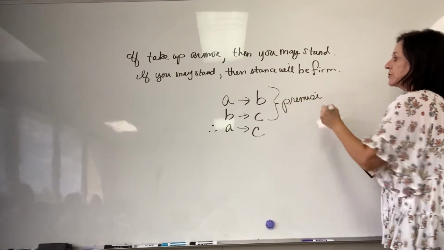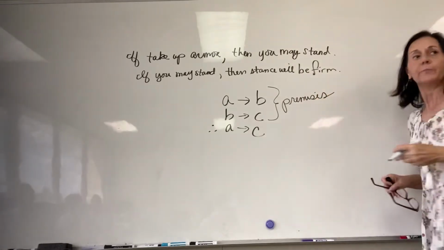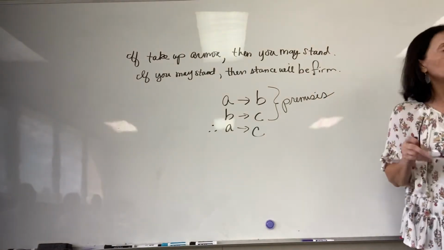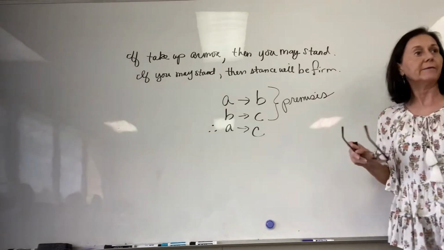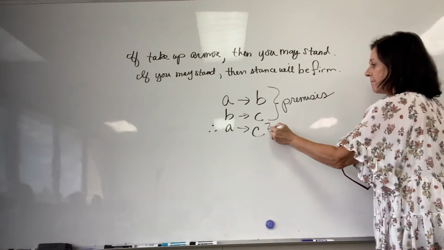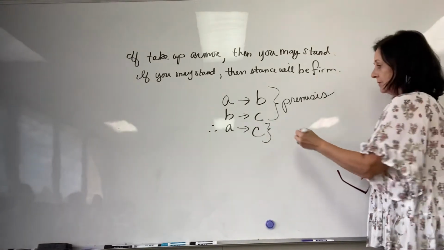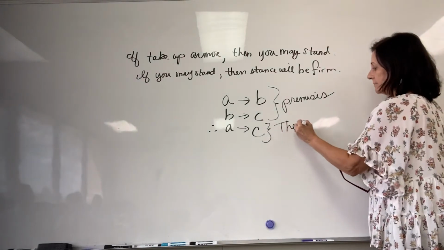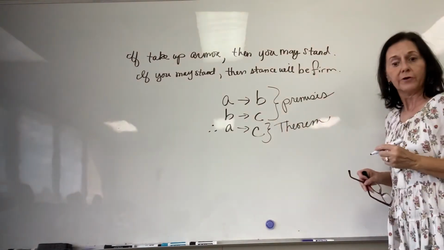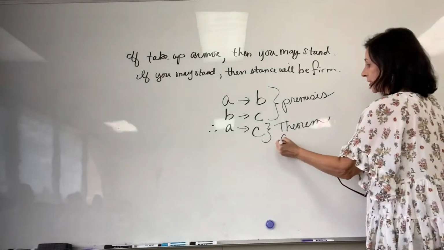They are conditional statements, right? They're the premises of your argument. It's what you're using for your argument. This is your theorem that you're trying to prove. It is also the conclusion.